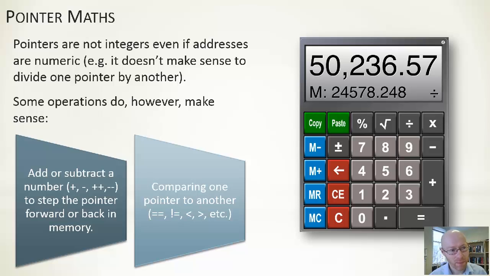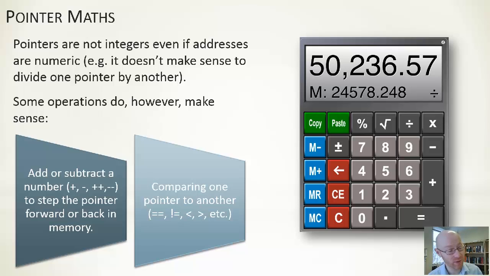For pointer arithmetic then, if you think about a pointer, we do have a set of permissible operations that can be applied to them. So for example, it doesn't make sense to divide one pointer by another, but it can make sense to take a pointer and add a number to it to either increment or decrement the particular address that you're referring to within memory. So you can see in this slide that in terms of positive numerical values, so if you like an unsigned integer, the same values are there.